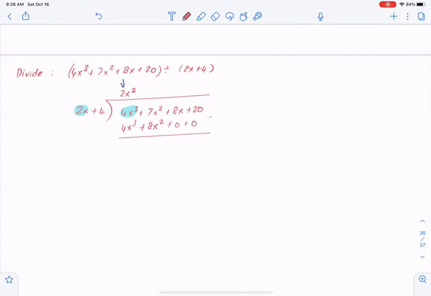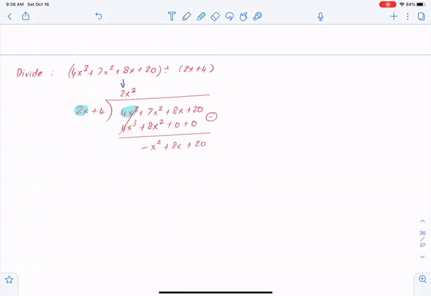The 4x cubed will go away. 7x squared minus 8x squared, negative x squared. 8x minus 0, 8x. 20 minus 0, 20.